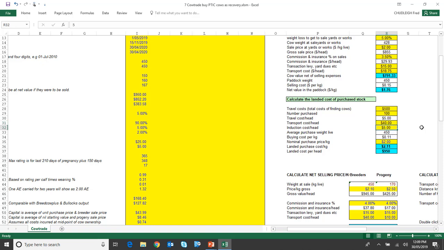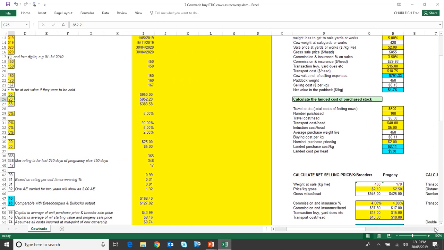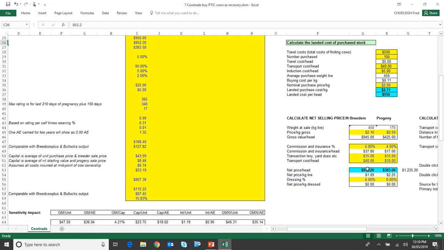We've got an induction cost of settling them down in the yards. And we say we can get this PTIC cow for $2 a kilo, which makes them $950 landed on the property. So there's the cost of our PTIC cow. 12 months later, when we sell them, calculate the selling cost, that should be down here.